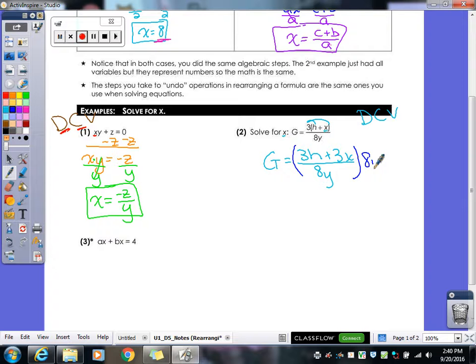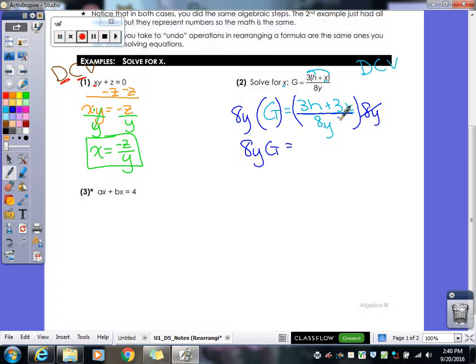Our next step is to get rid of that fraction. This is being divided by 8y, so I multiply both sides times 8y. On the left, we get 8yg equals, and on the right side, these cancel, so we're left with 3h plus 3x.